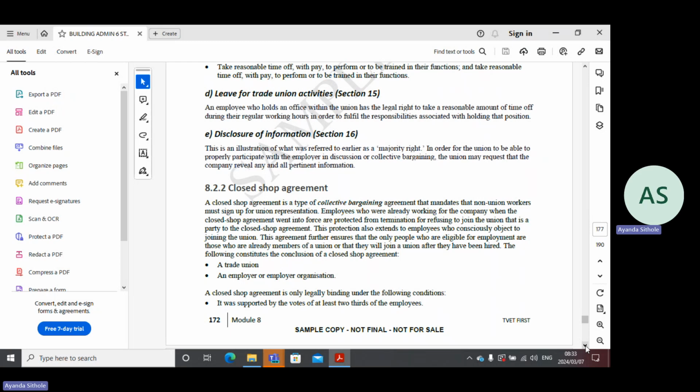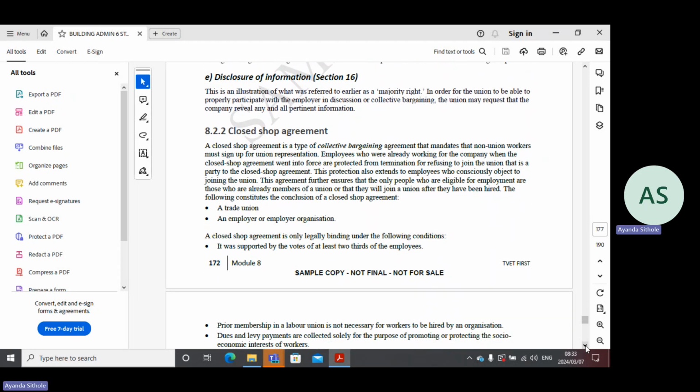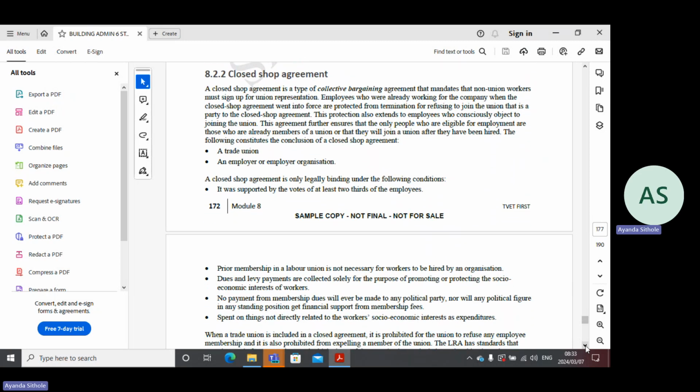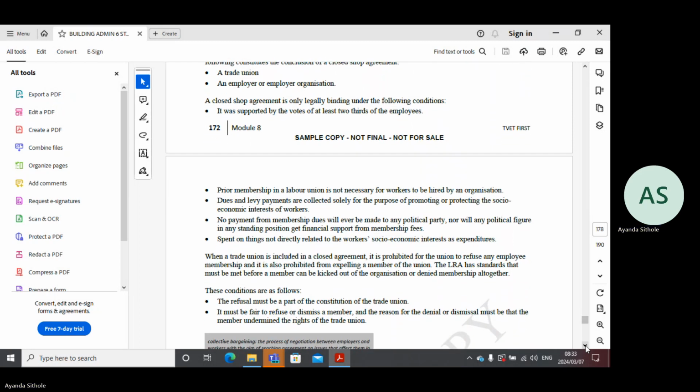So a closed shop agreement is only legally binding under the following conditions. It was passed by a vote of at least two-thirds of the employees. Prior membership in a labor union is not necessary for workers to be hired by an organization.